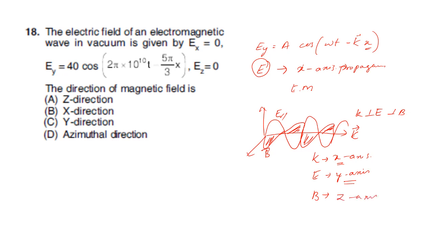Therefore the direction of magnetic field is in the z direction.